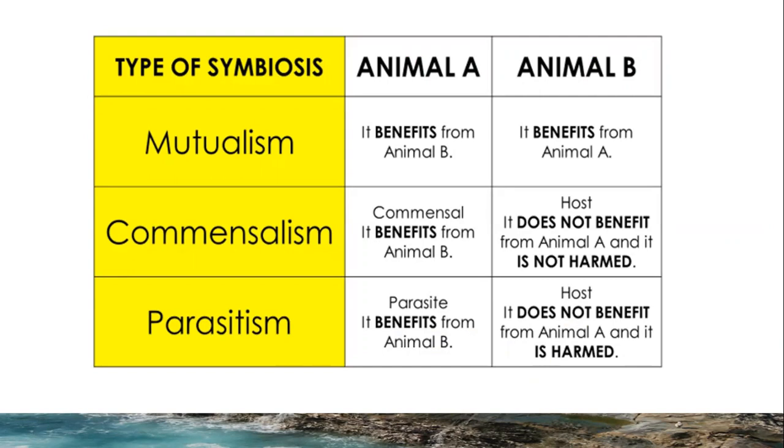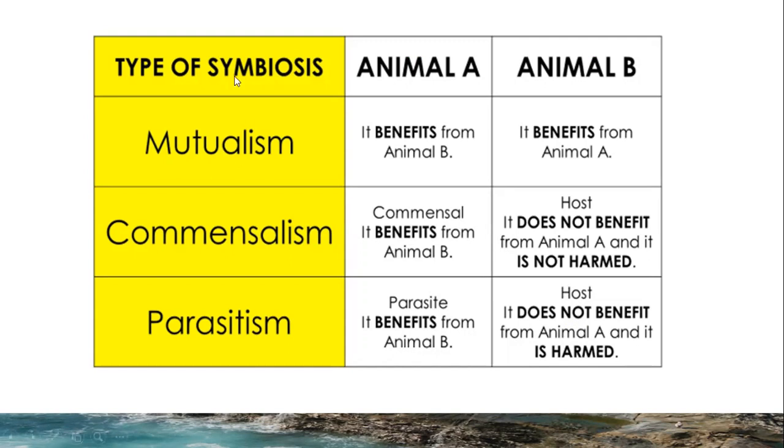In mutualism, animal A benefits from animal B, and animal B benefits from animal A. In commensalism, the commensal, animal A, benefits from animal B. The host, animal B, does not benefit from animal A and is not harmed. For parasitism, animal A is the parasite that benefits from animal B, and the host, animal B, does not benefit from animal A, and it is harmed.